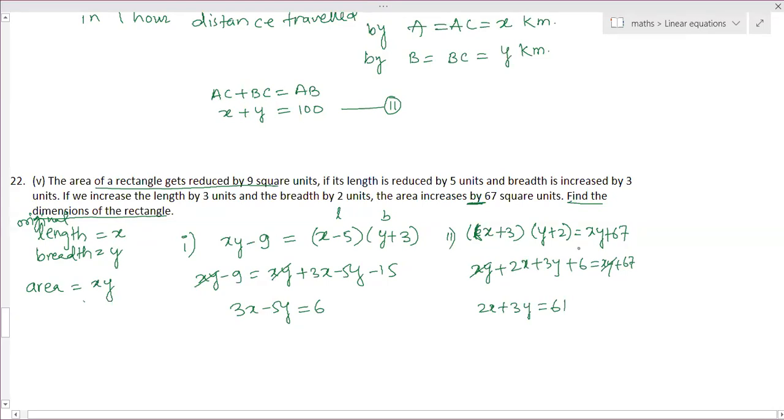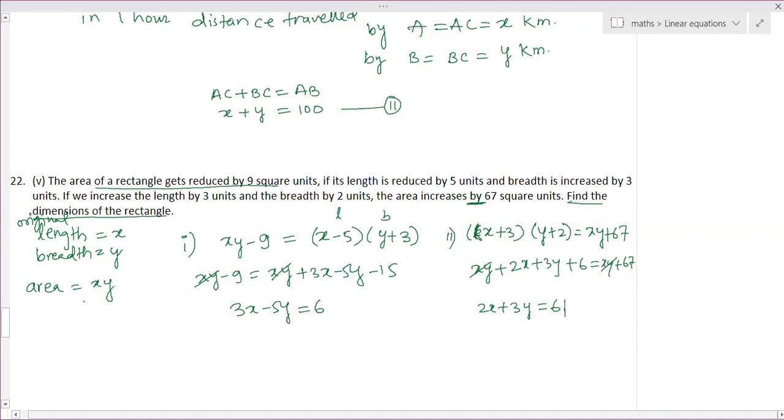Could you explain how you got those equations again? Here, length and breadth are changed. In the first case, the length is reduced by 5 units, so x minus 5, and the breadth is increased by 3 units, so y plus 3.